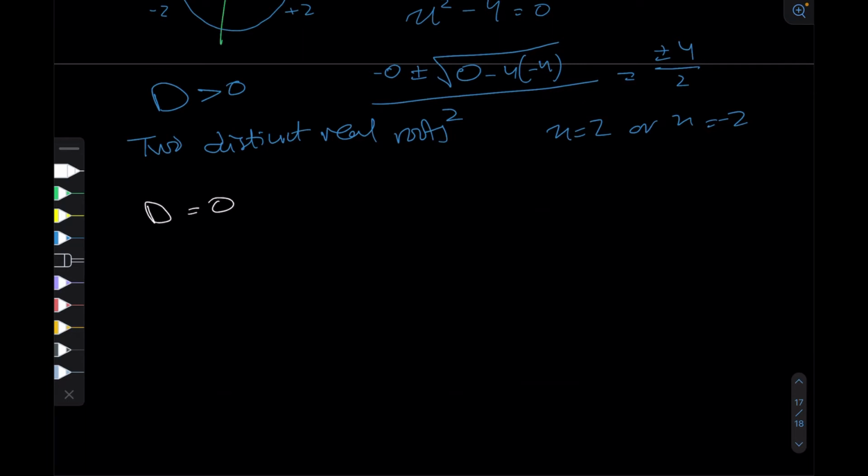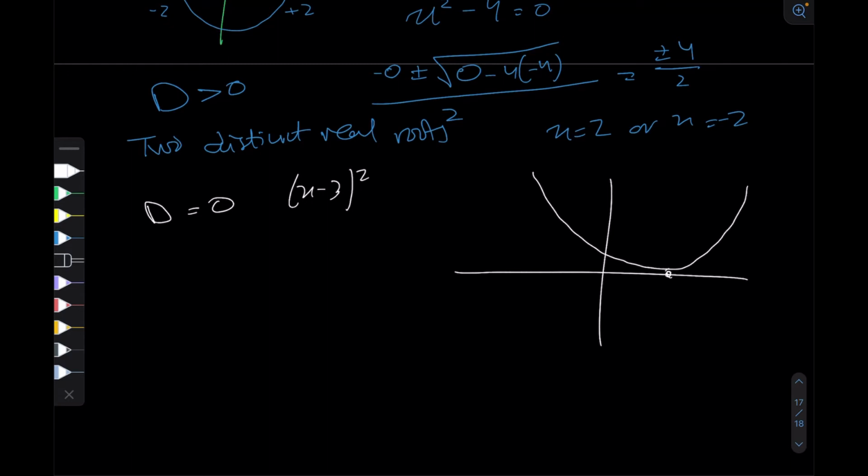If I take, let's say, x minus 3 whole squared, I know that x minus 3 whole squared looks something like this. This is 3 comma 0. It is a quadratic such that it doesn't intersect the x-axis at two distinct points, but it isn't also all above or all below the x-axis. It just touches it at one point.